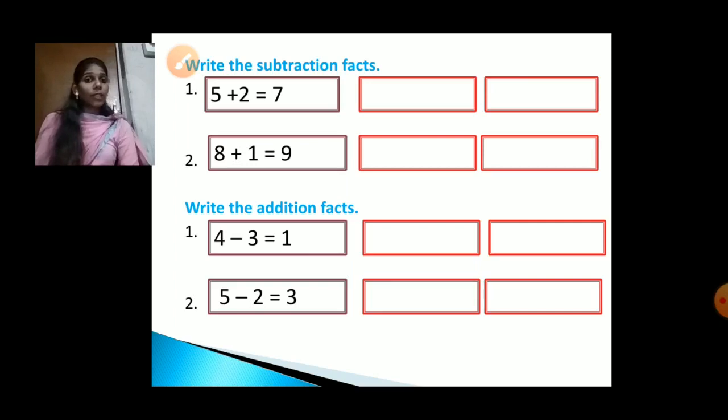When you write subtraction facts, you have to subtract the other two numbers from the bigger number, right? And for addition facts, you add the answer, the difference and the smaller number; again, the smaller number and the difference you will add. Done? Okay.